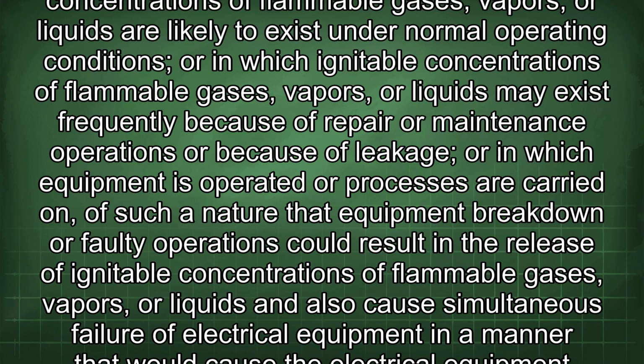Class 1, Zone 1 is a location in which ignitable concentrations of flammable gases, vapors, or liquids are likely to exist under normal operating conditions, or in which ignitable concentrations may exist frequently because of repair or maintenance operations or because of leakage, or in which equipment is operated or processes are carried on of such a nature that equipment breakdown or faulty operations could result in the release of ignitable concentrations of flammable gases, vapors, or liquids and also cause simultaneous failure of electrical equipment in a manner that would cause the electrical equipment to become a source of ignition.